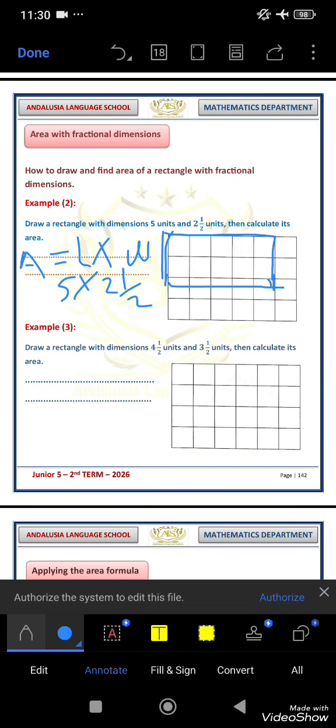So 5 times, changing to improper: 2 times 2 is 4, plus 1 is 5 on top, and the denominator is still 2. 5 times 5 is 25 over 2. And the unit of area is square units.